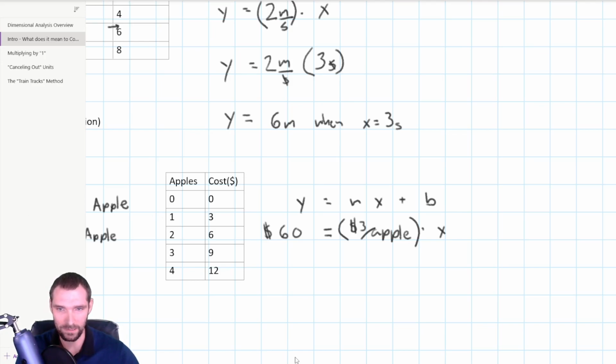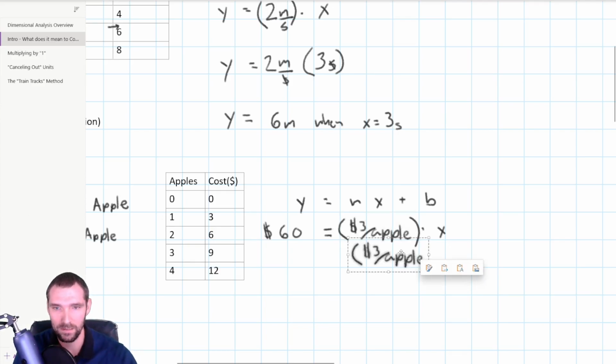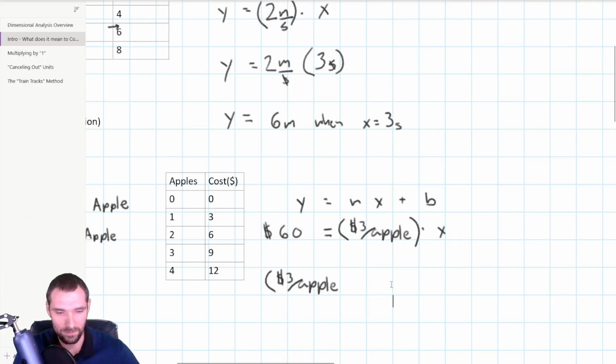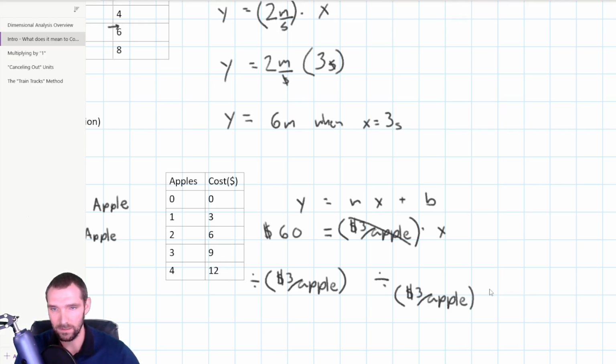And so we can divide both sides by 3. And because I wanted to bring our units with us, I'm just going to bring this down like that. So we're dividing both sides by that, just to be explicitly clear, because I can. And this cancels out all of that stuff on that side, units included as well as numbers, because they canceled out.